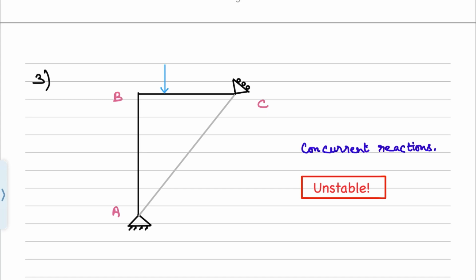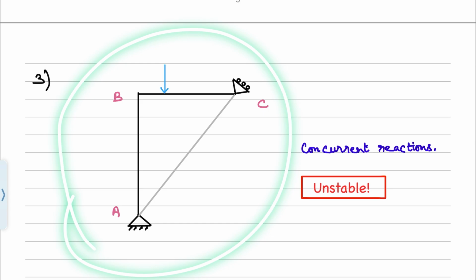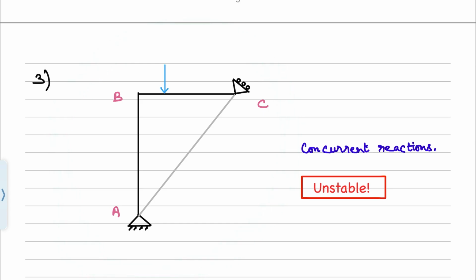In this case, we are not applying the formula directly. We are just looking at the way the reactive components are arranged. We see that these reactive components will be concurrent. Yes, correct, I thought it was parallel by mistake. Clearly, these reactive components are concurrent in this case.